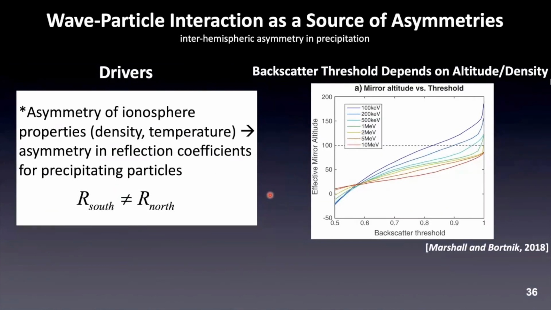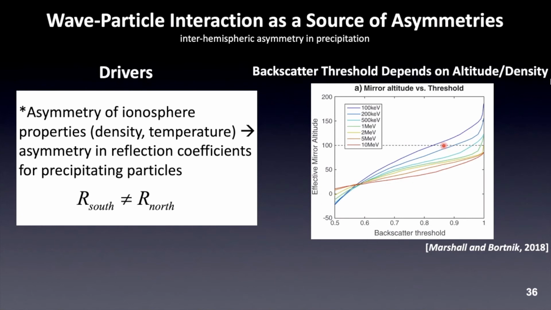The second aspect is that not all the precipitating particles will get lost to the ionosphere. This is probably too much detail, but I will briefly mention it. Many particles are actually reflected and scattered back to the magnetosphere because of colliding with the ionospheric particles. And this reflection process determines how much of the precipitation actually goes into the ionosphere.